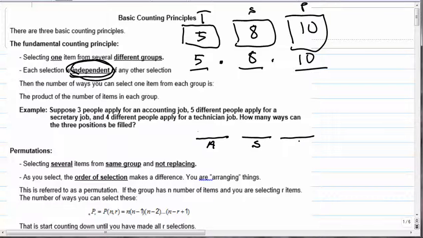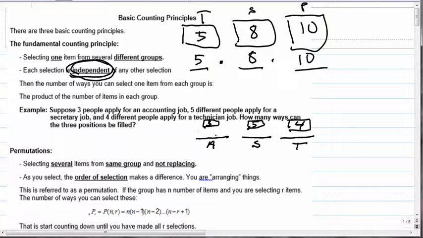We're going to need to pick a technician. Now, the accountant obviously has to come from the 3 people applying for the accounting position. The secretary is going to have to come from the 5 people applying for the secretary job. And the 4 people that are applying for the technician position will be what we get to choose from in terms of picking the technician.